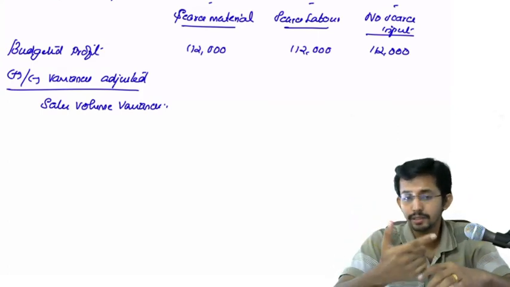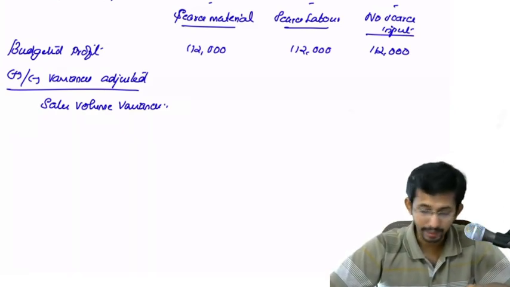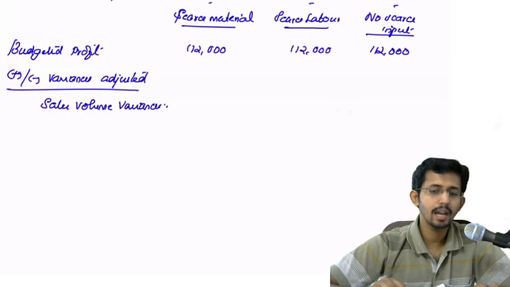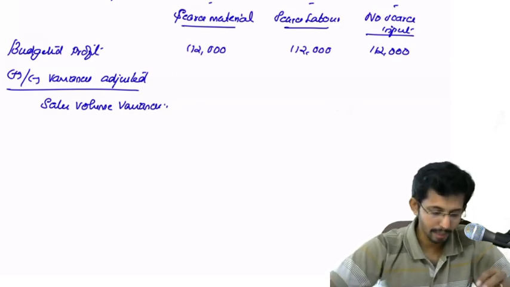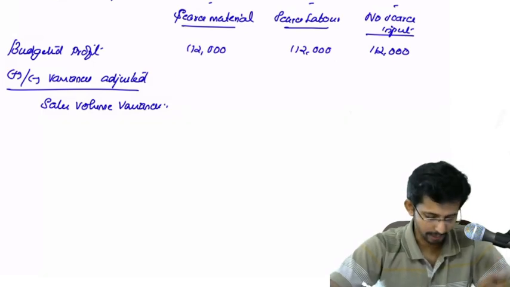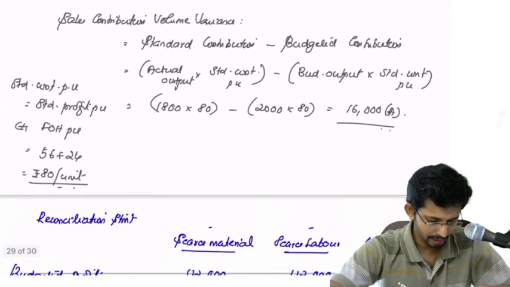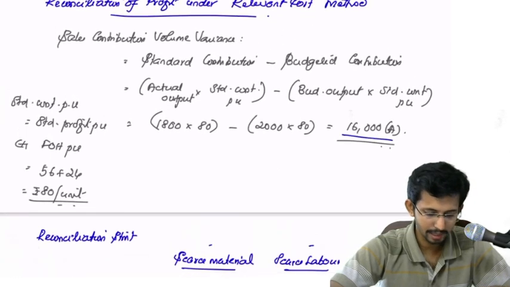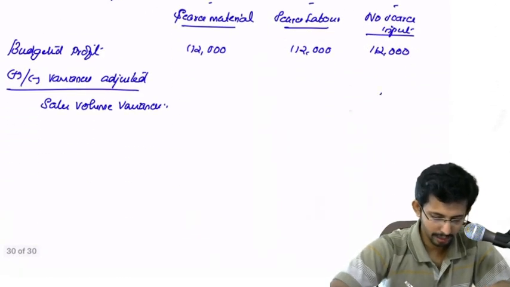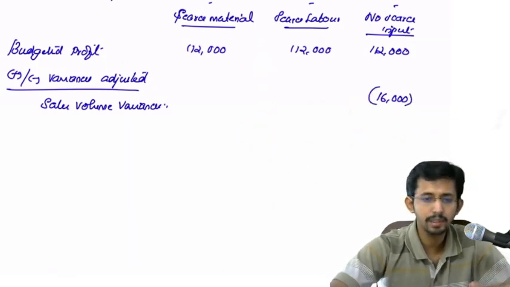Sales volume variance. So whenever there is a limiting factor, there will be adjustment to the sales volume variance, which you can do only after you compute that particular calculation. But if there is no limiting factor, there is no adjustment to sales volume variance. So here you can straight away take what? You have already computed sales contribution volume variance as 16,000. So you take it as 16,000 negative here. And these two, for the time being, you keep blank and we will come to that.